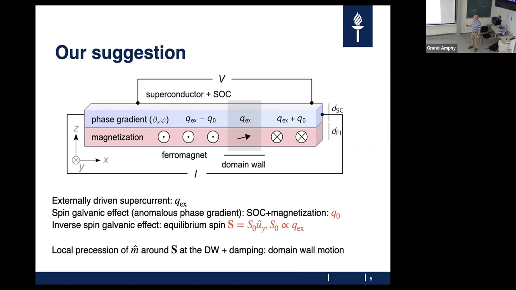Once we apply a current through the superconductor, it induces a phase gradient, which we call Qx. This is the externally applied phase gradient, which is the same on both sides of the domain.